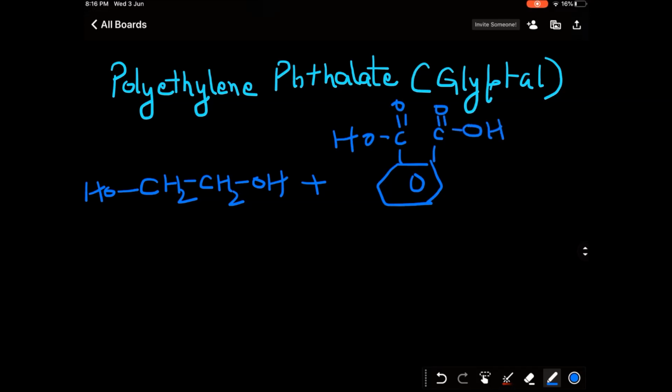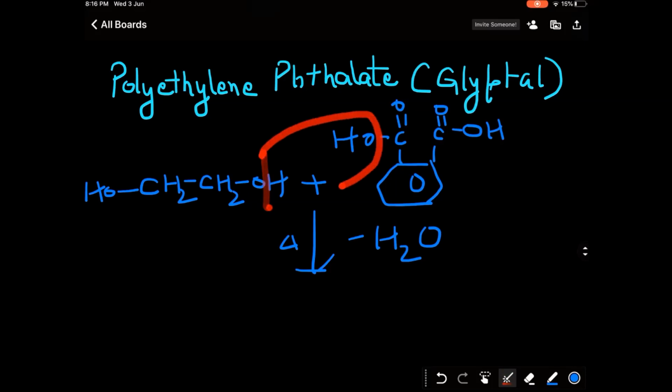As we discussed earlier in terylene how the ester is formed, similarly here also water is removed on heating: the H of alcohol and the OH of carboxylic acid will be removed and there will be formation of an ester linkage. So this has been established by isotopic labeling studies.